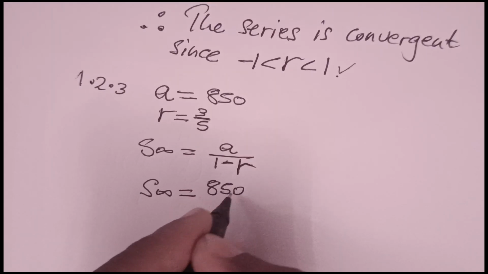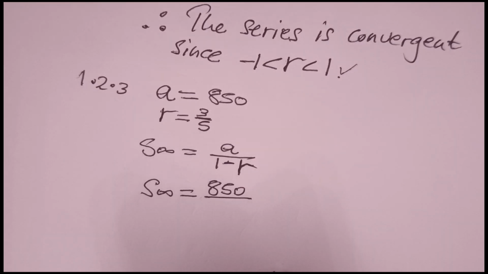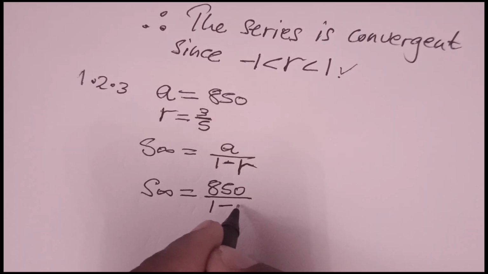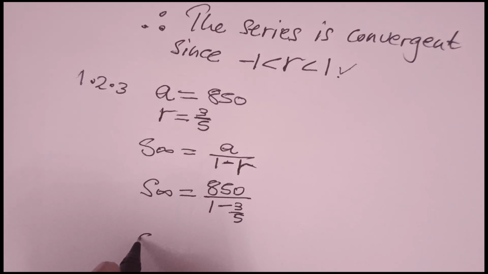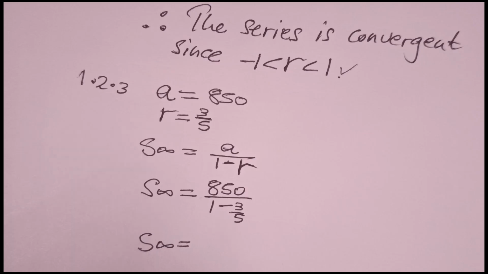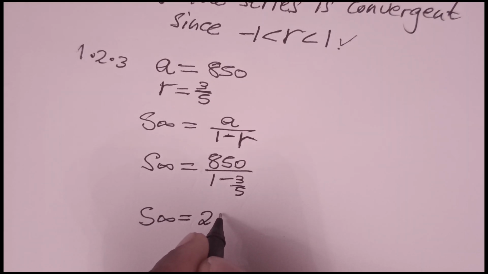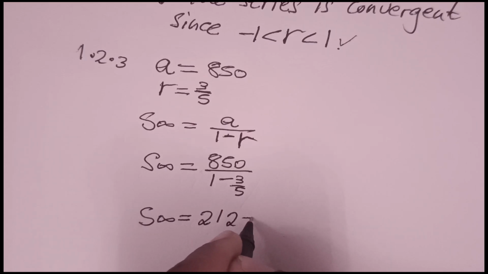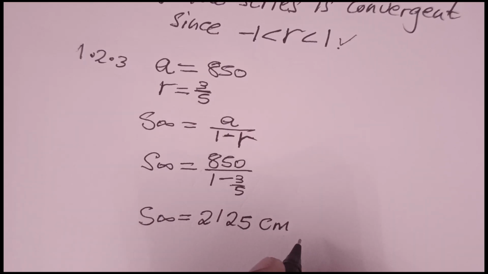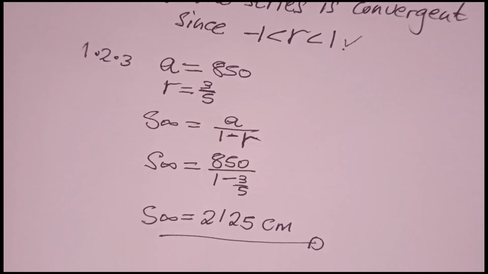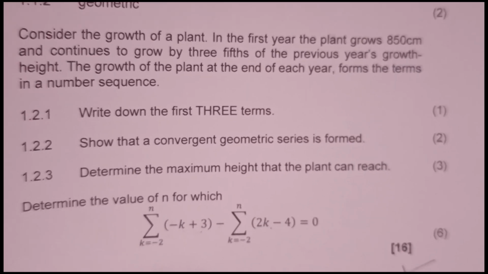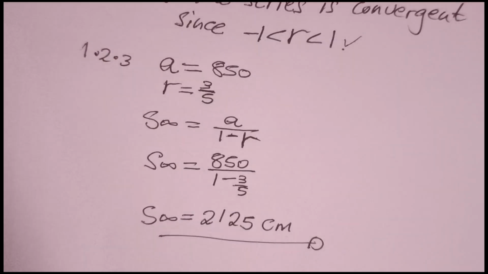A is 850, the first term, over 1 minus 3 over 5. I expect you to put that in a calculator. When you put it in a calculator, you realize we have 2,125 centimeters. That's the maximum height that plant can reach.